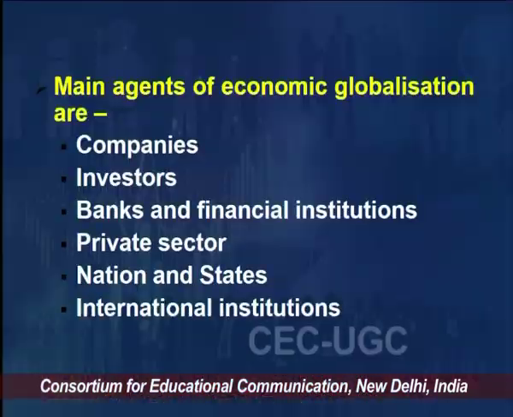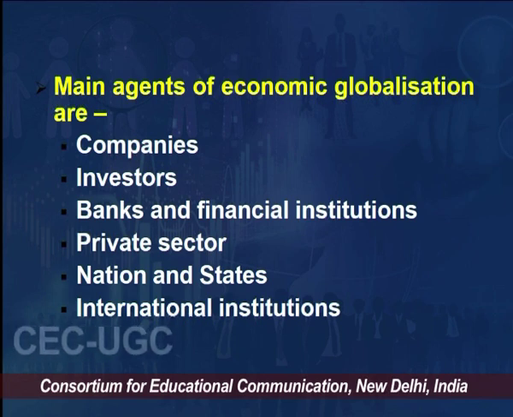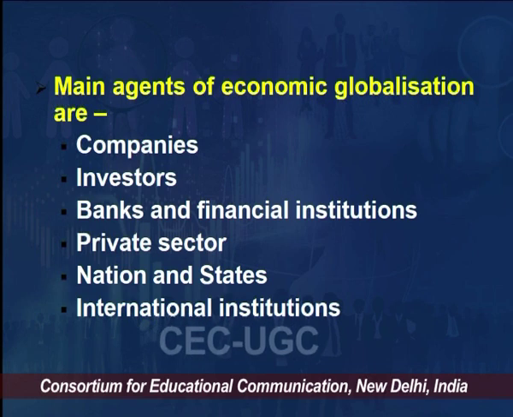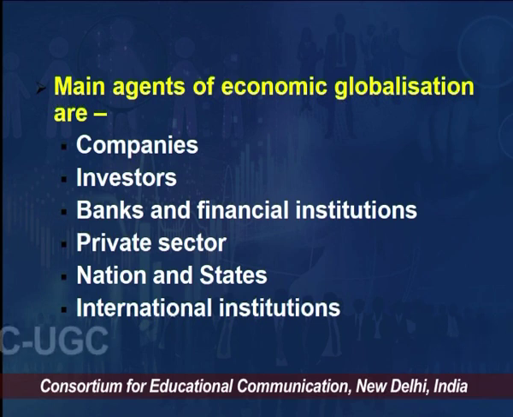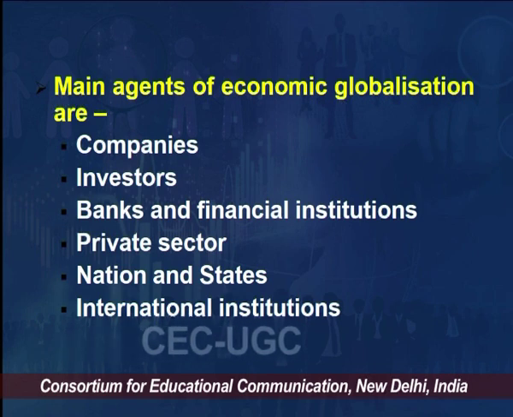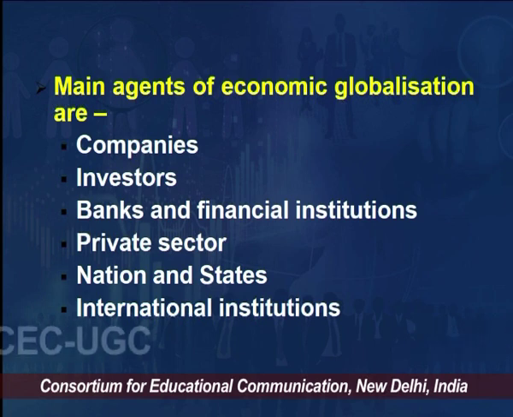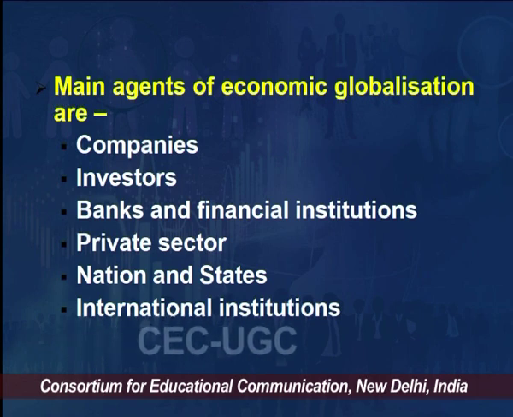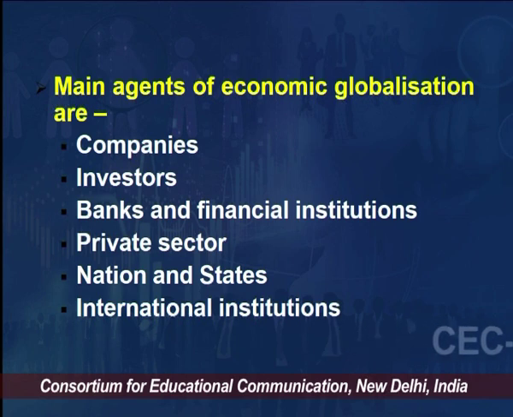The main agents of economic globalization are the companies which are growing and going global, the investors who do not mind investing in other countries, banks and financial institutions who have realized that they can earn more if they invest in other countries, especially the developing countries, and the private sector, again a form of corporate sector which is taking up international business in a positive way.